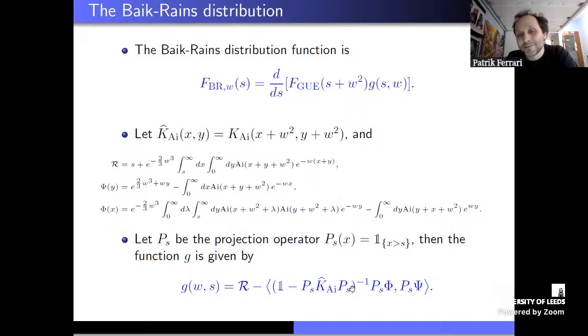And this one is just the inverse of the operator which defines the Fredholm determinant; the Fredholm determinant of this operator is the Tracy-Widom distribution. So the structure is the following. There is some derivative that one could say is very strange. This itself is a distribution function times some extra other stuff.